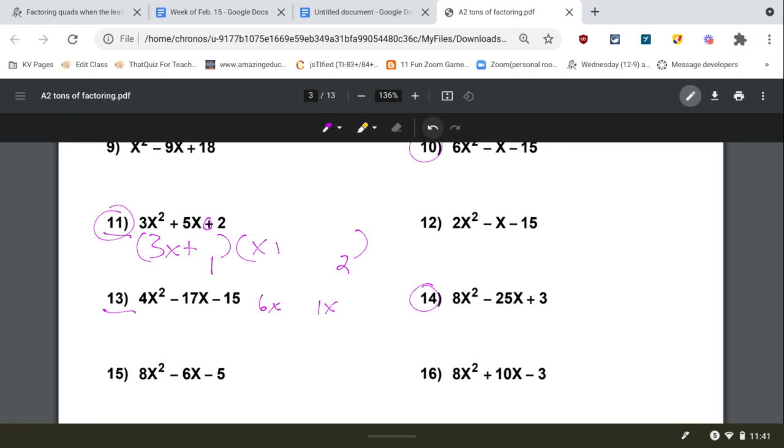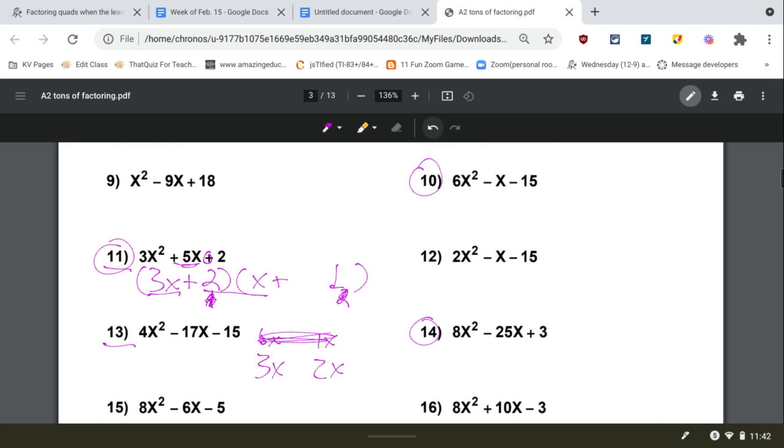So it's going to be a 3x plus and an x plus. So that combination would not work actually. It's going to be a 2 here and a 1 there. So 3x and a 1, all right, that's going to give me a 3x. And then on the inside, we're going to have a 2x. And that's how we get a 5x out of the center.